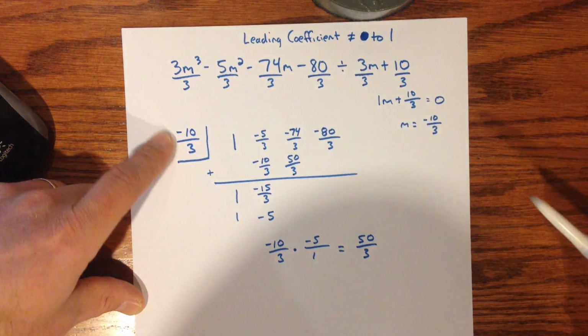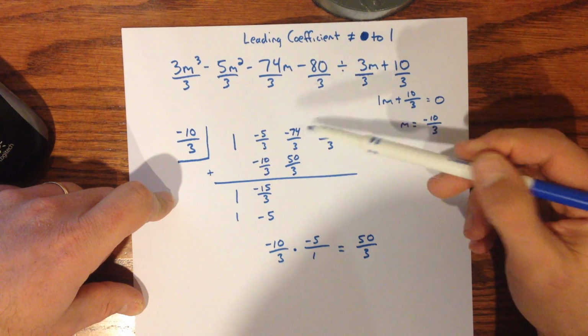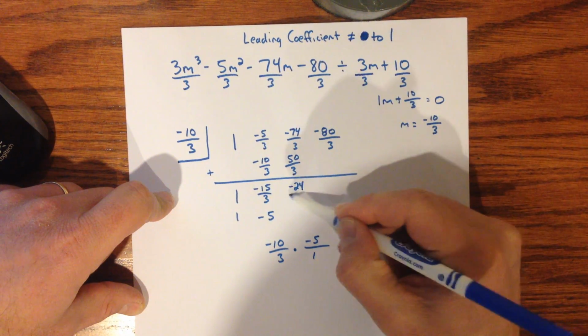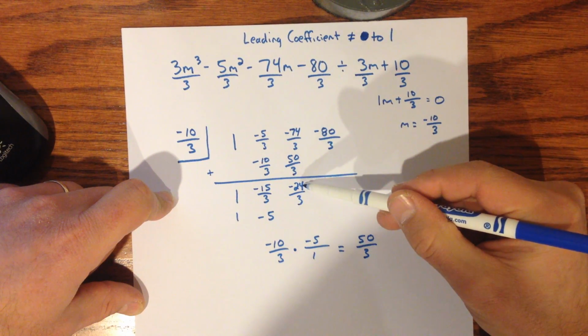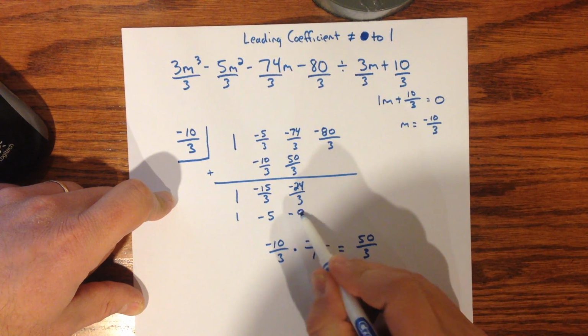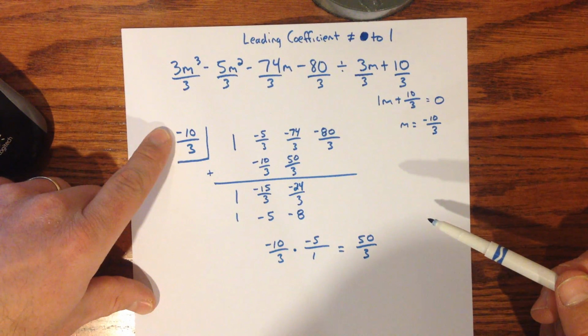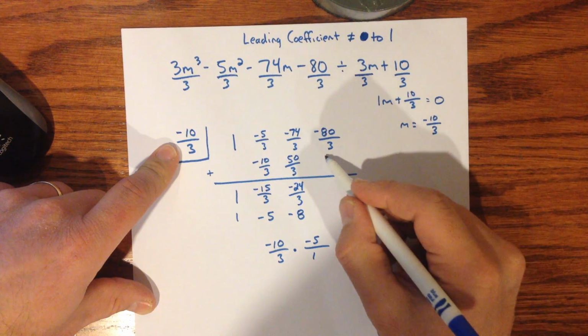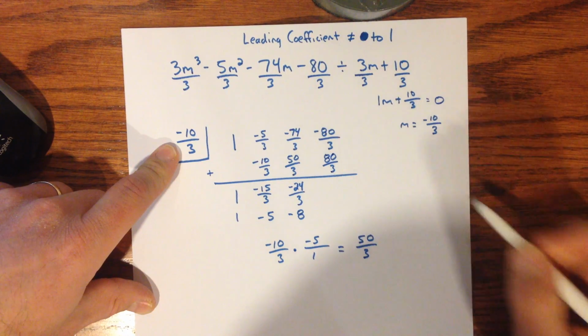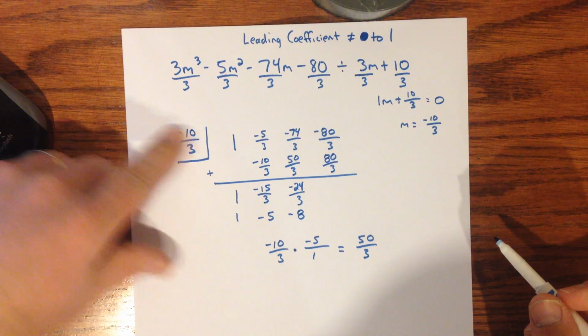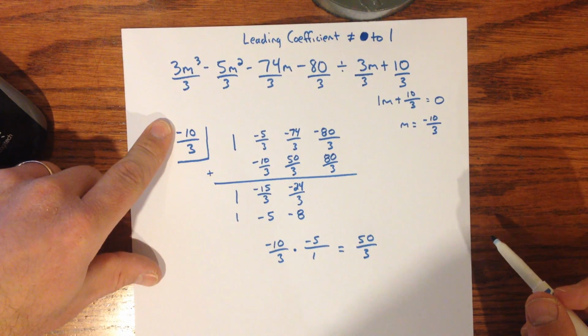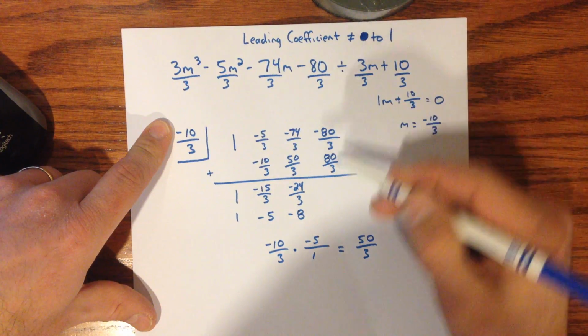Put those together, that's negative 24 thirds, and negative 24 divided by 3 is negative 8. So if I do negative 8 times negative 10 thirds, that's 80 thirds, because the negative 8 is multiplied to the negative 10. That's 80 thirds. You add those together, you get 0.